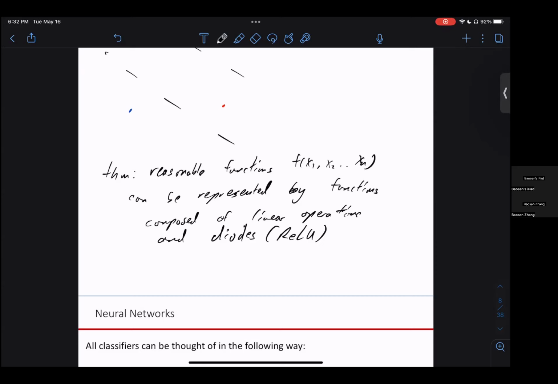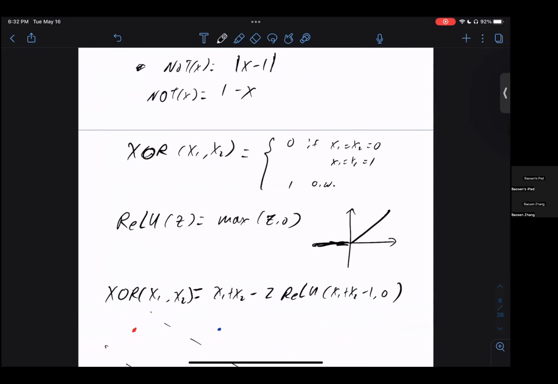It says, however complicated your decision function is, there is a way to represent it using very, very simple elements. Using just linear operations plus a single nonlinear function is enough. You give me enough of these building blocks, I can represent a very complicated function.